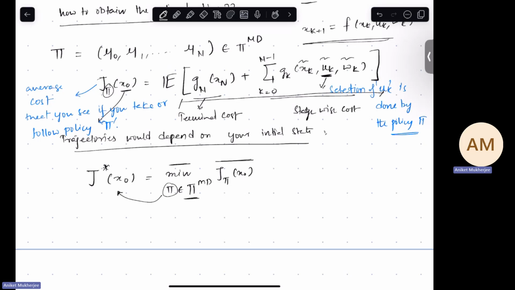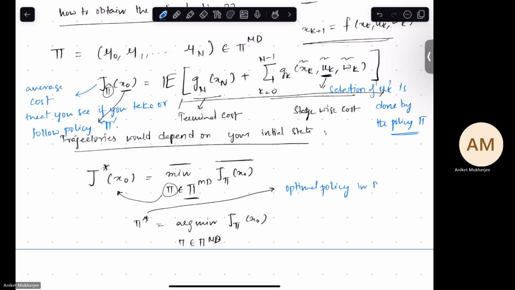And pi star, I'll call it the argmin of J pi x0, the optimal policy in Markov deterministic policies. This is what I want to find.